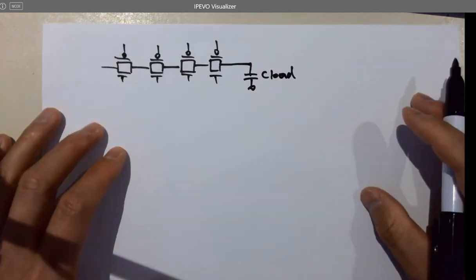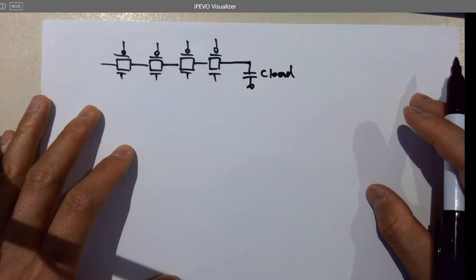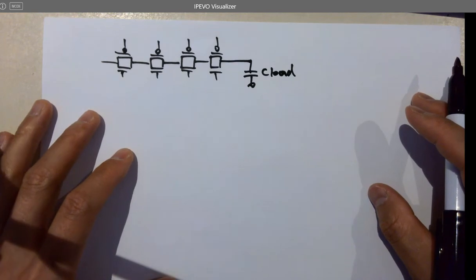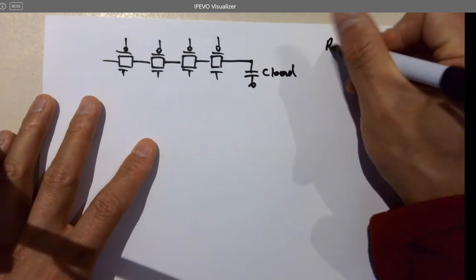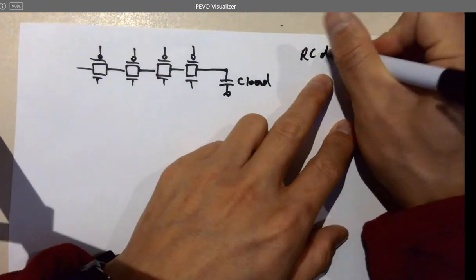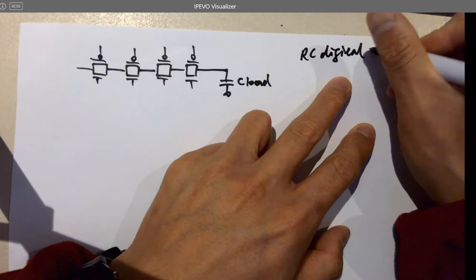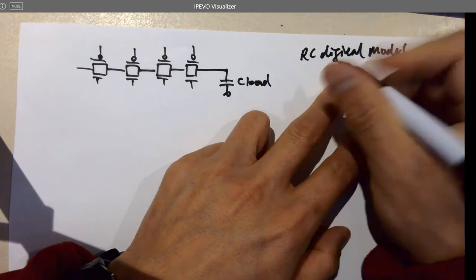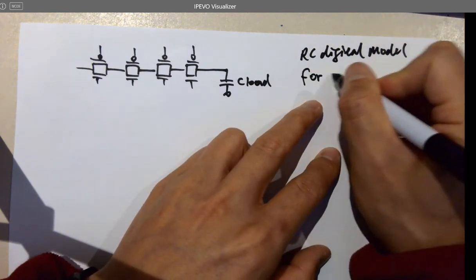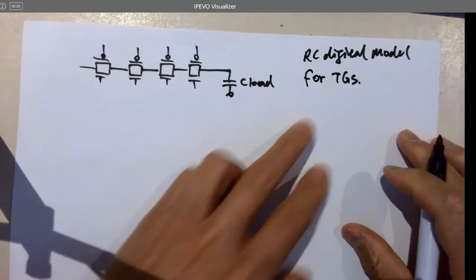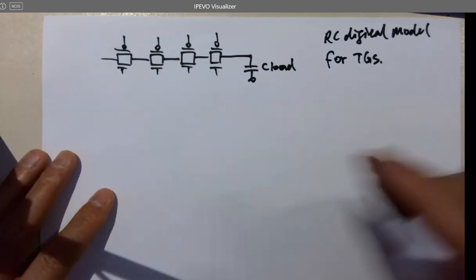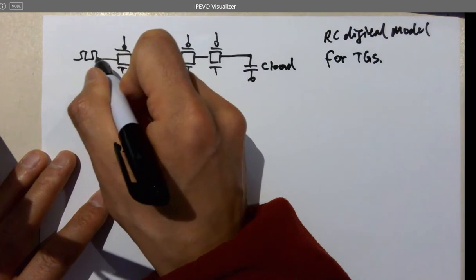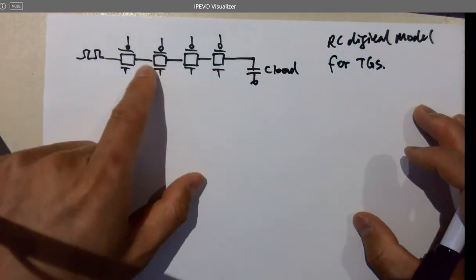So for a circuit like that, how do we model it? Any Miller effect?